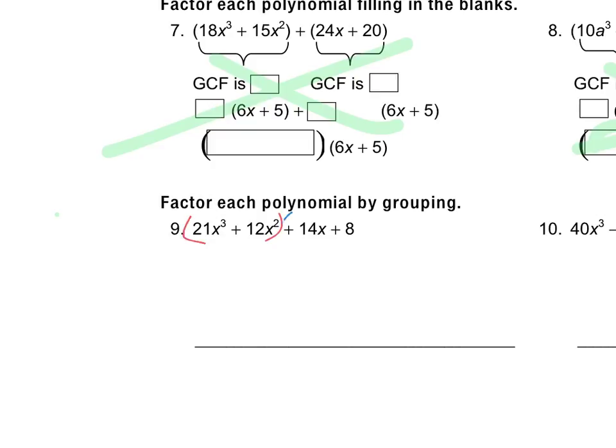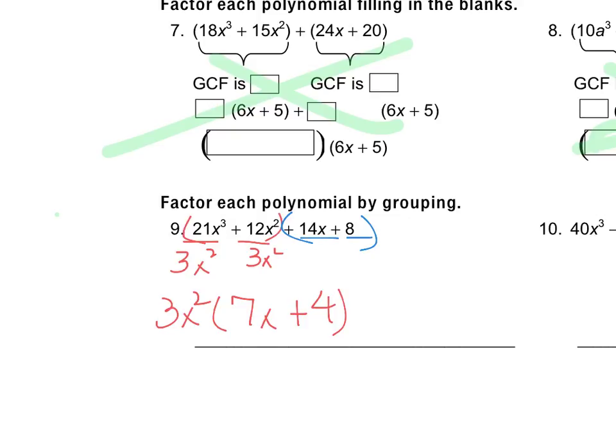So you would group, and then here I would look for my greatest common factor of red, which is going to be 3x squared. Divide it, and I get 7x plus 4. And then here of the blue group, it's going to be 2.